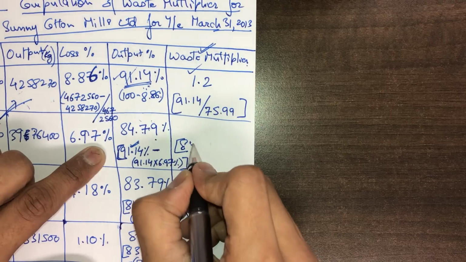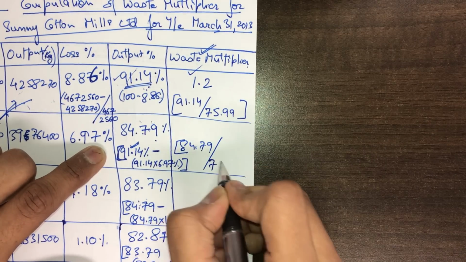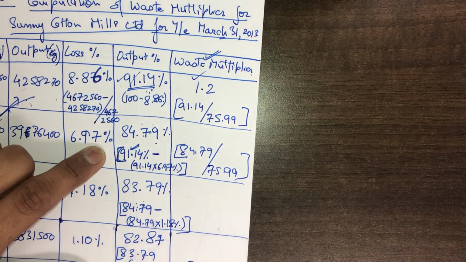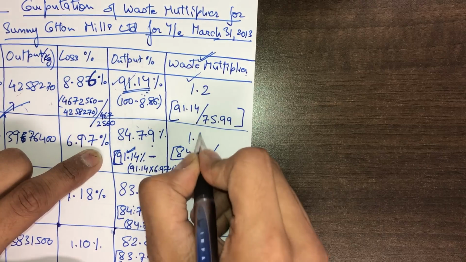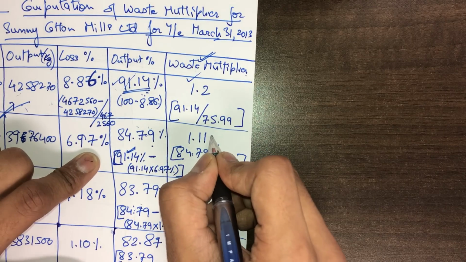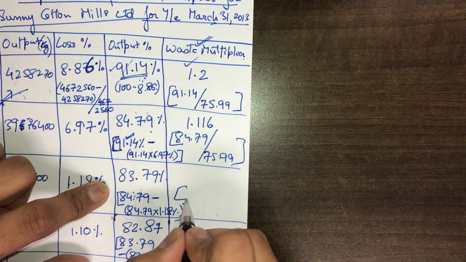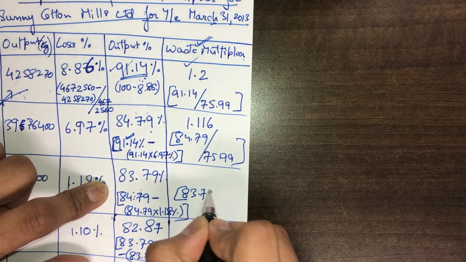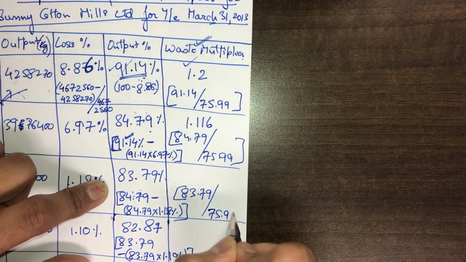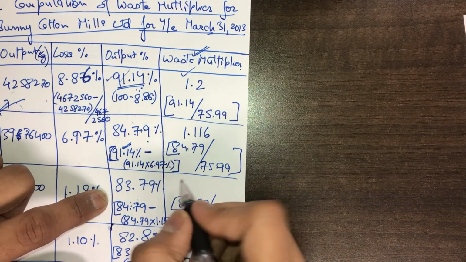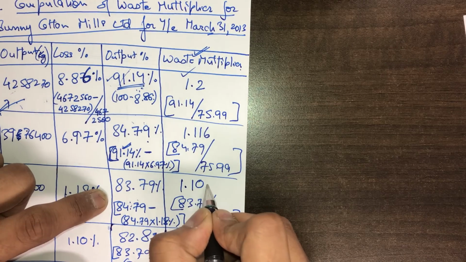Second process, 84.79 divided by 75.99, is 1.116. Third process, 83.79 divided by 75.99, is 1.103.